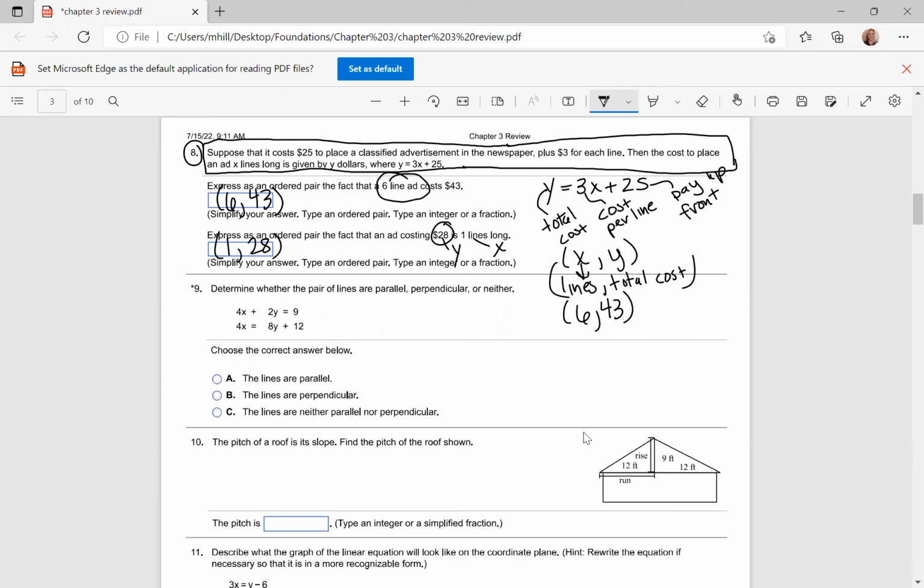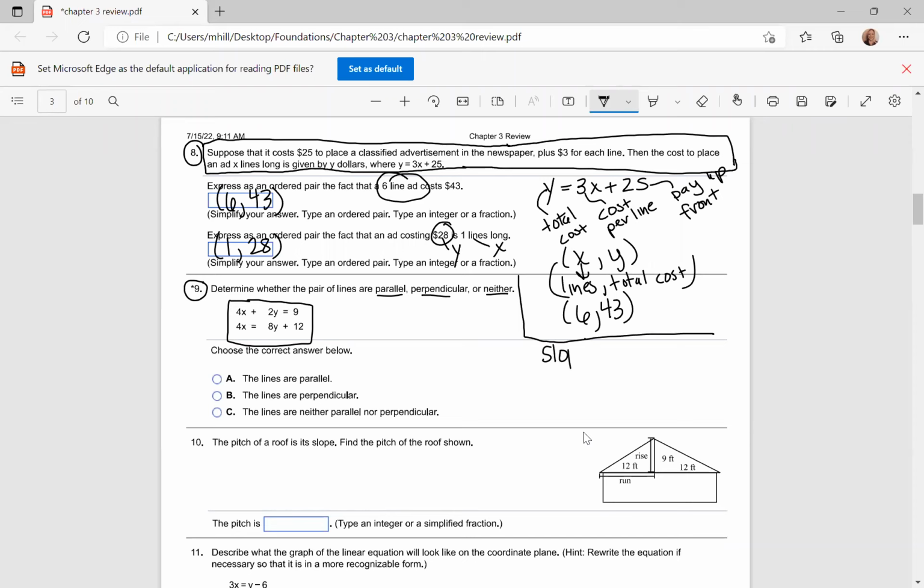Okay. So on this next one, number 9, it says determine whether these lines are parallel, perpendicular, or neither. So remember that this is what you would want to write down. This problem has a lot to do with slope.